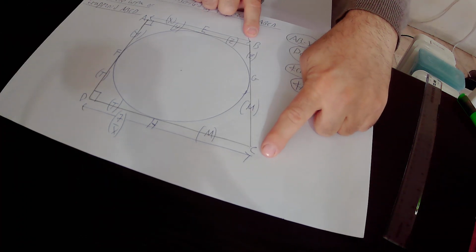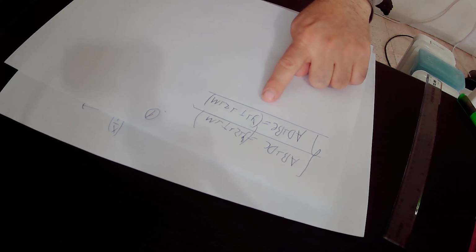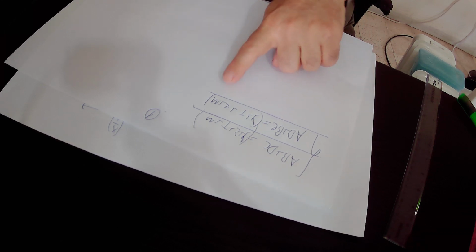What is the length of BC? From the drawing, BC in total equals Z plus M. So in total, AD plus BC equals Y plus T plus Z plus M.